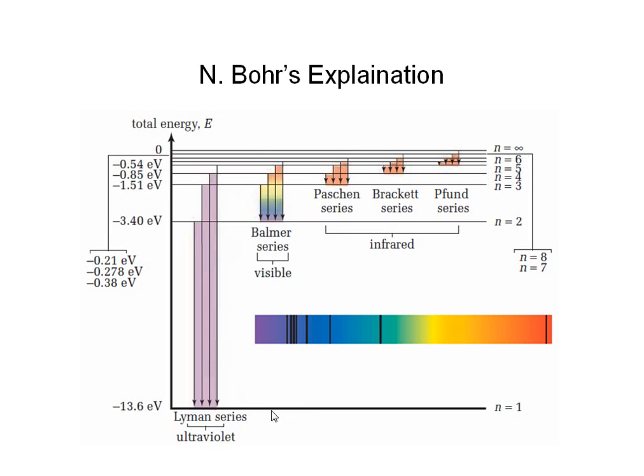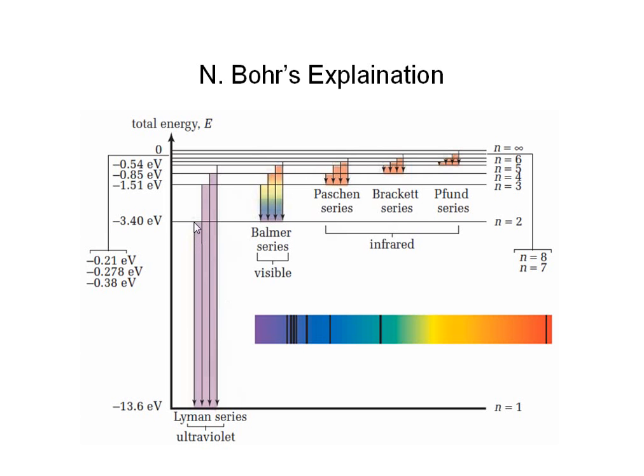Okay, so if the electron absorbs a photon, and the energy of the photon is exactly enough to jump to the second shell, it absorbs some light and jumps to this second shell. And if it falls back to the first shell, it produces light.